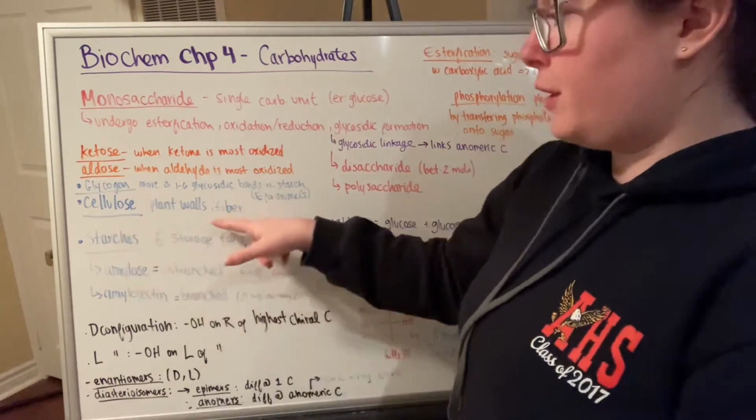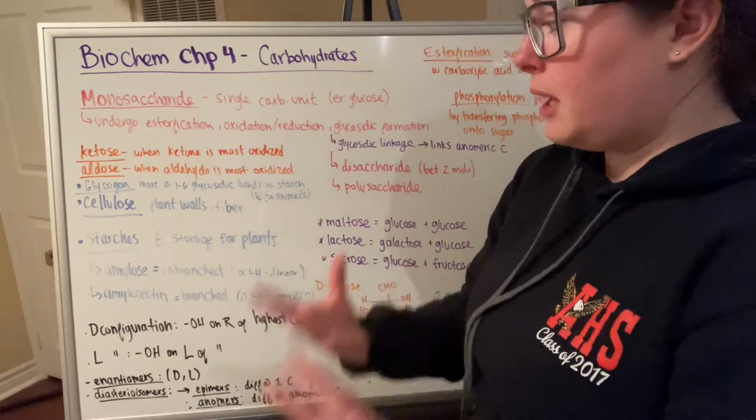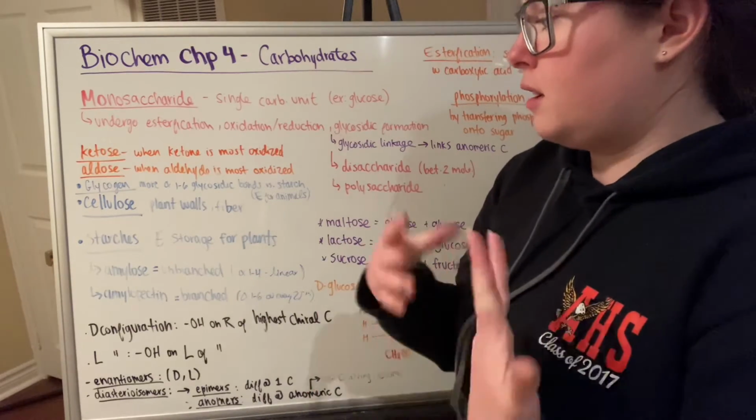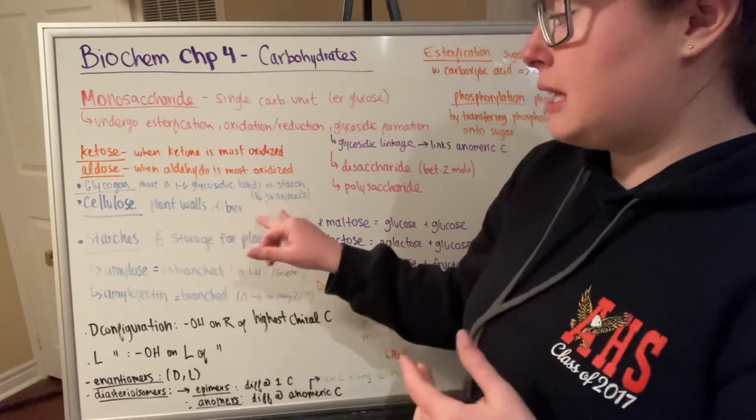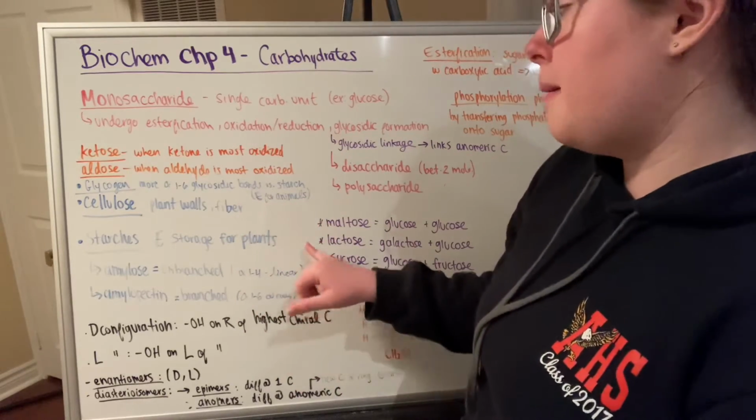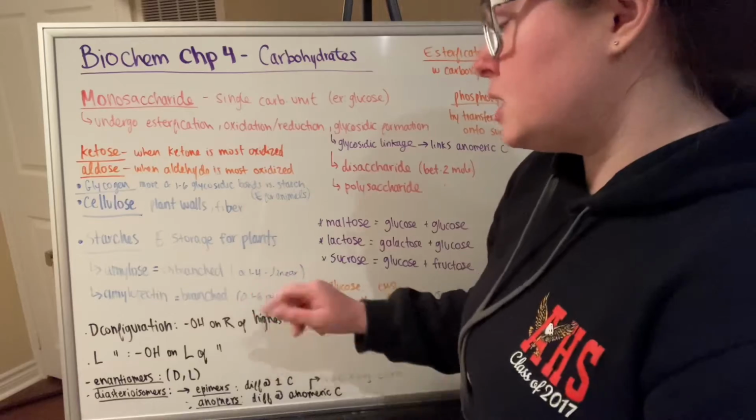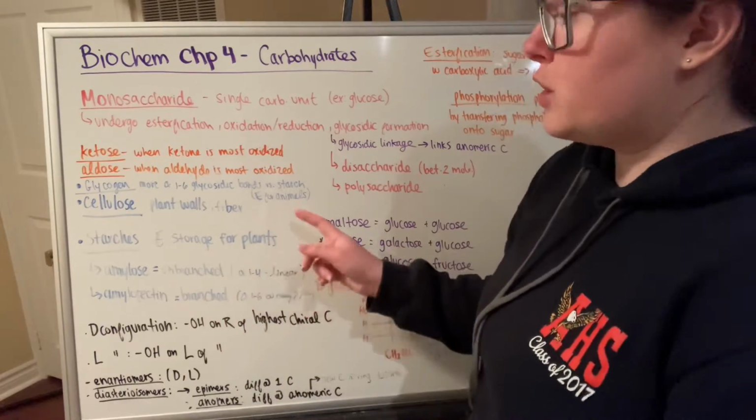Then we have cellulose, which is in plant walls and fiber, for example. So that's cellulose. And then we have starches, and starch is the energy storage for plants.